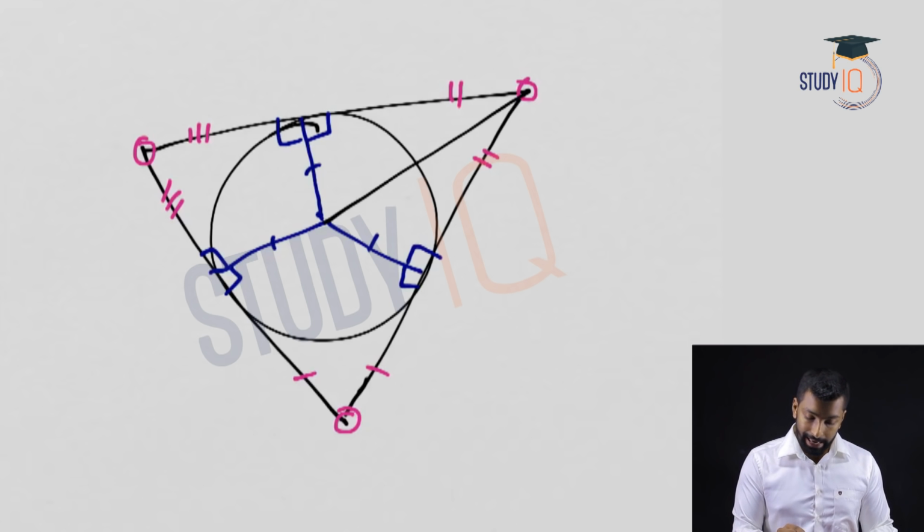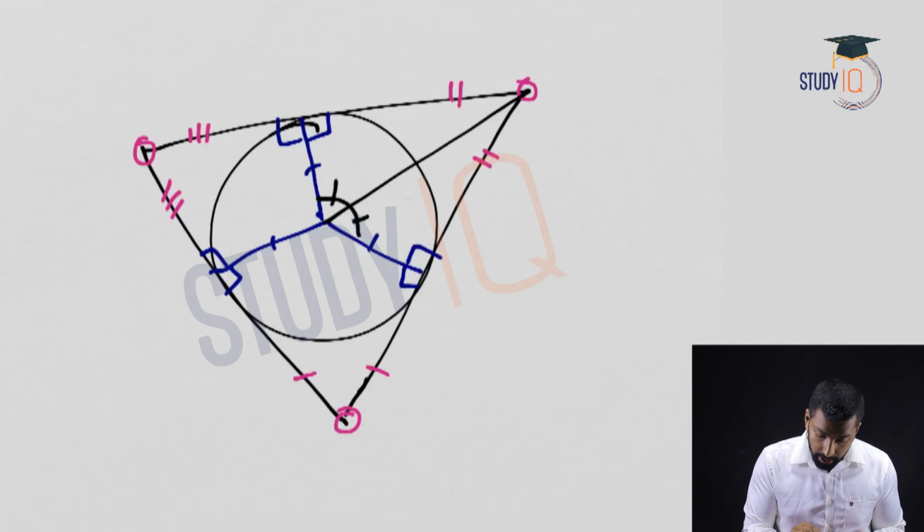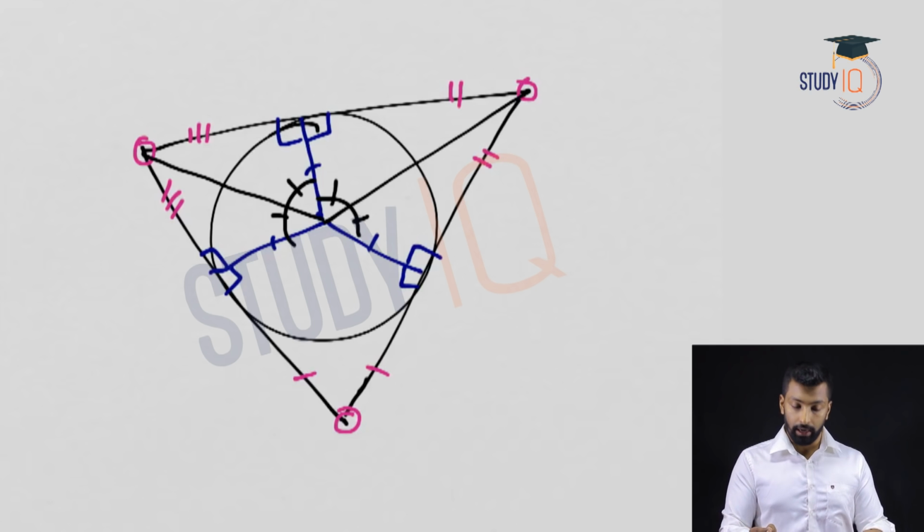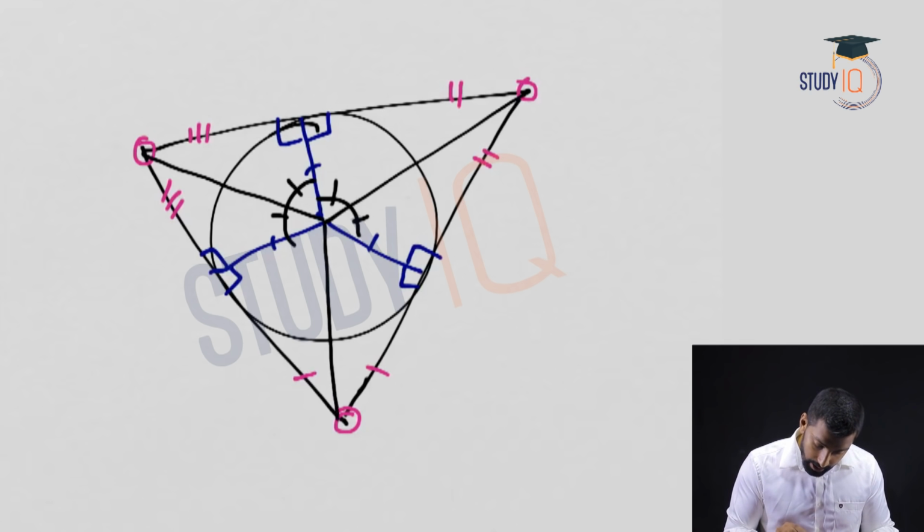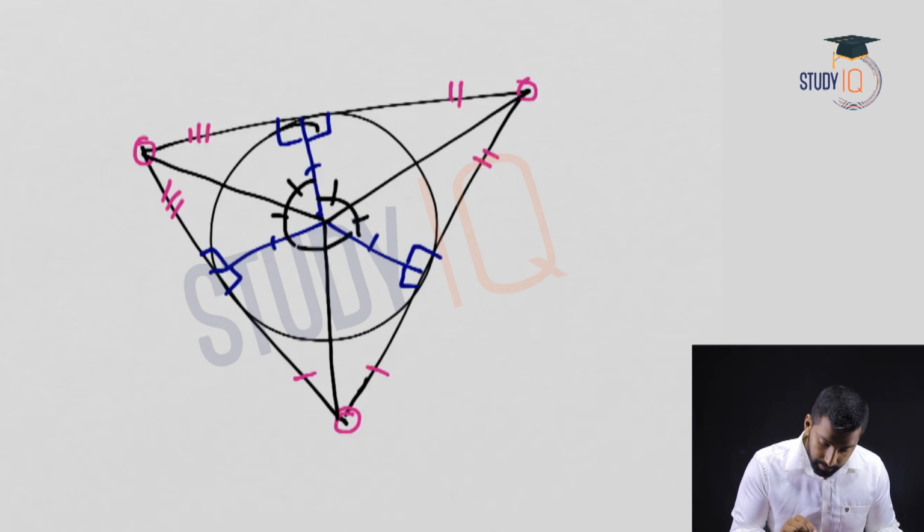So this will bisect this angle. So again, these two are equal. Like if you draw here, these two are going to be equal. Similarly, if you draw a diagonal here, these two are also equal.